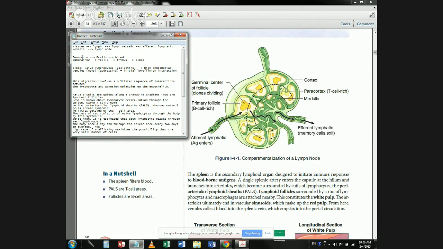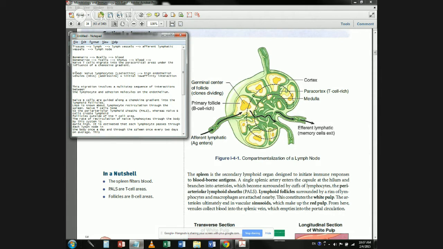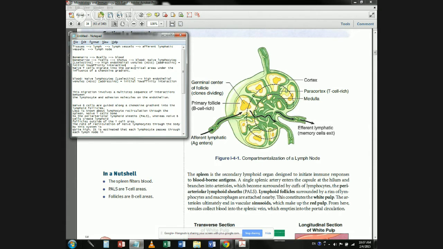So you have blood with naive L-selectins, high endothelial venules. We'll just copy that and put that there. And if you were a T cell, then you would go here into the paracortical areas.